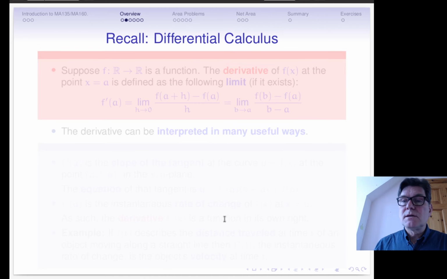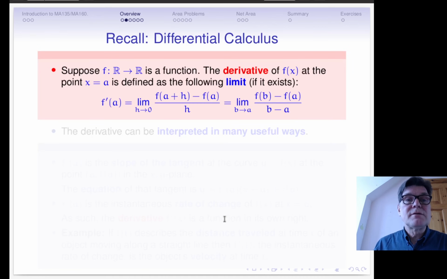Now, looking back at the differential calculus, the central definition there was the definition of a derivative. That's the derivative of a function f, which assigns to a given real number a new real number, and at the point a, this derivative is denoted by f prime of a, and it's defined as the limit as h goes to 0 of the quotient of f of a plus h minus f of a divided by h.